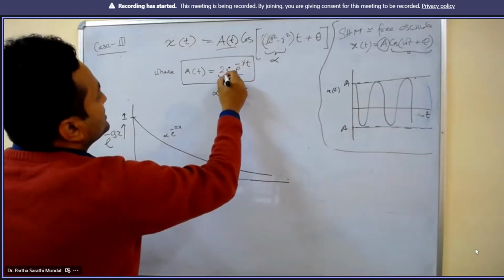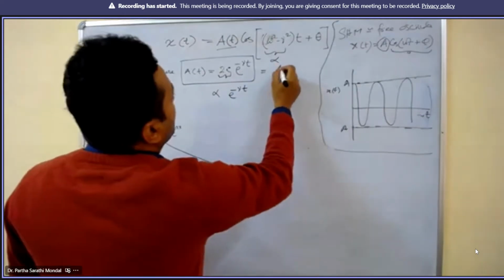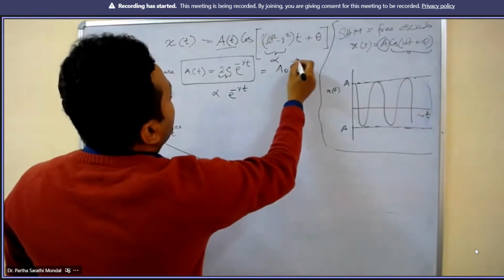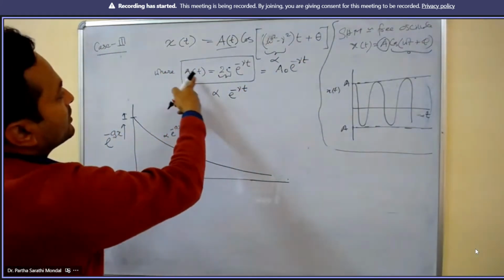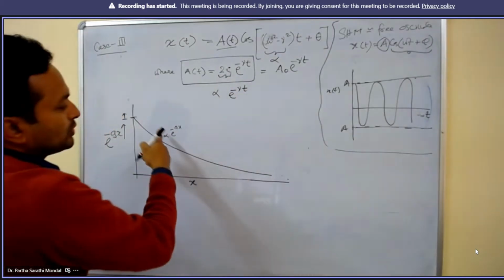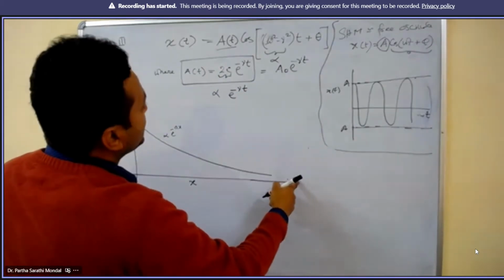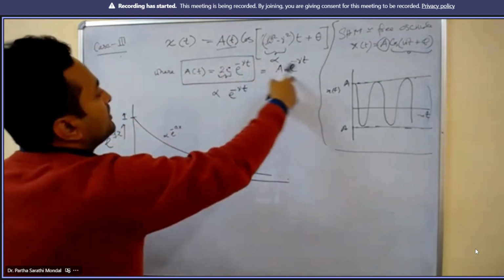Let's say 2C equals A0, so A(t) is A0 e to the power minus γt. At t equal to 0 it is A0, and if you go up to infinity, A(t) will become 0.